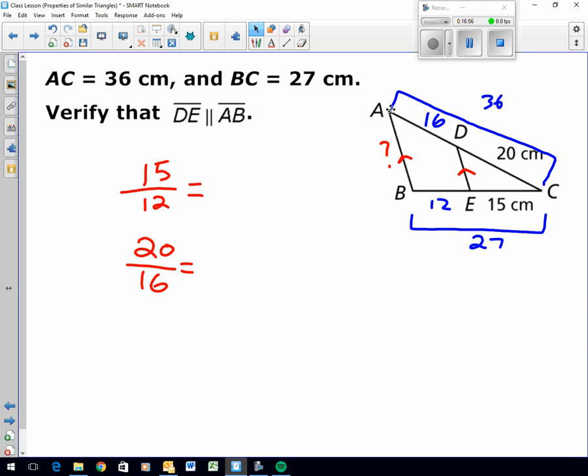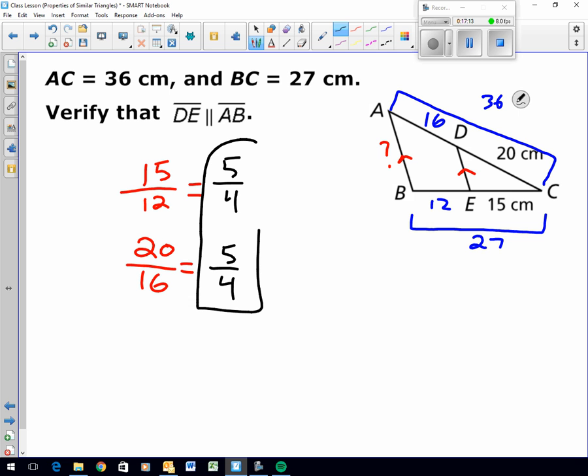It'll be a different answer, but the ratio will be the same. Both of these become 5 over 4. If those are the same, it means that the sides are proportional. If the sides are proportional, it means that my lines are parallel. So I've got to check off the boxes. Yes, the ratio is the same, which means yes, they're proportional, which means that yes, my two lines are parallel.